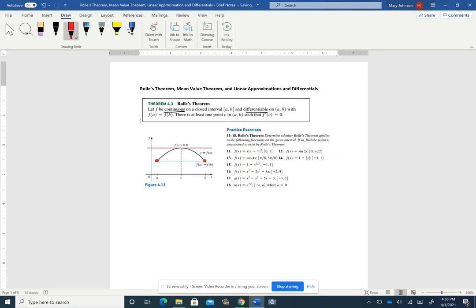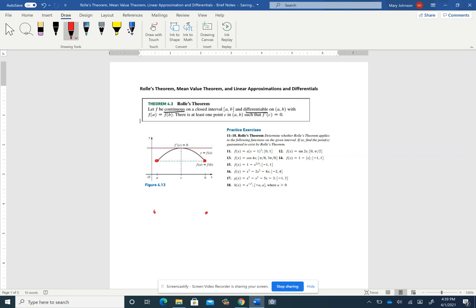So the y coordinates of those two points are equal to one another. Then you know that at some place in the middle of that interval, there has to be a spot where the first derivative equals 0.